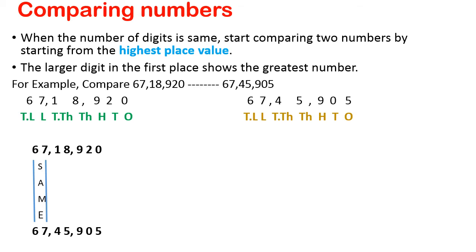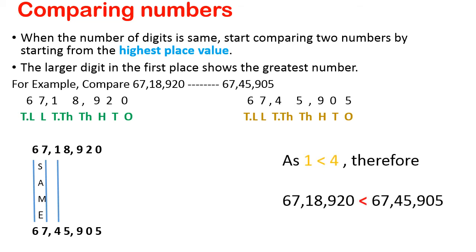This one also same. Then look at the next one, 1, 4. So which one is the smaller number? 1. So 1 less than 4. So the answer is 67 lakhs 18,920 less than 67 lakhs 45,905. Because 1 is the smaller number, that whole number 67 lakhs 18,920 is the smaller number.